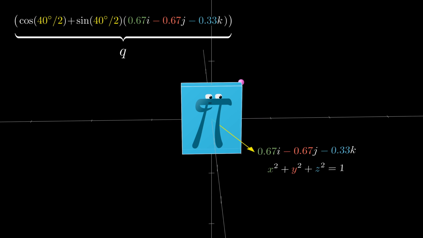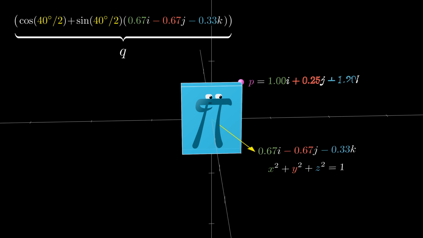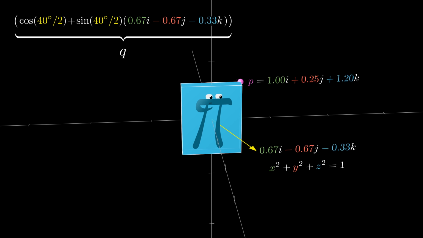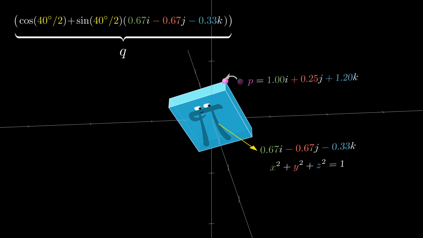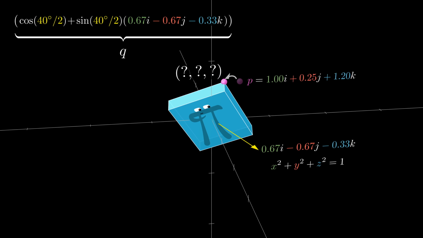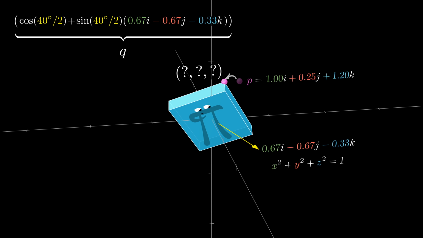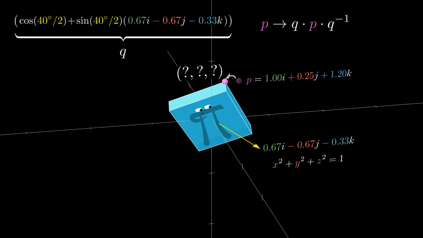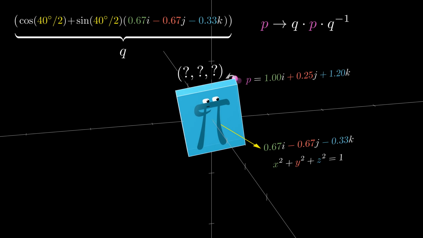Now let's say you have some 3D point, which we'll write with i, j, k components, and you want to know the coordinates that you'd get when you rotate this point by your specified angle around your specified axis. What you do is not just a single quaternion product, but a sort of quaternion sandwich, where you multiply by q from the left and the inverse of q from the right.